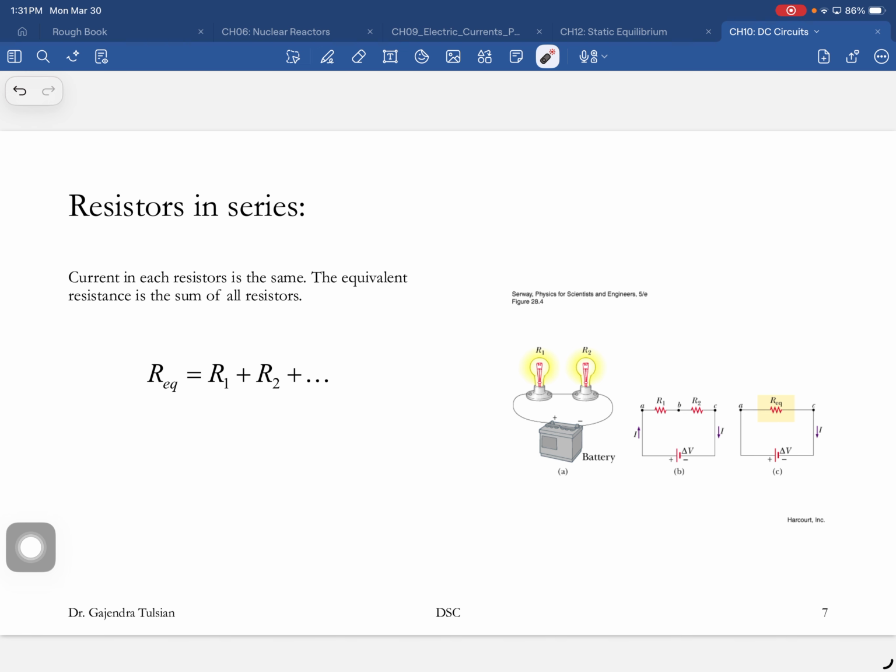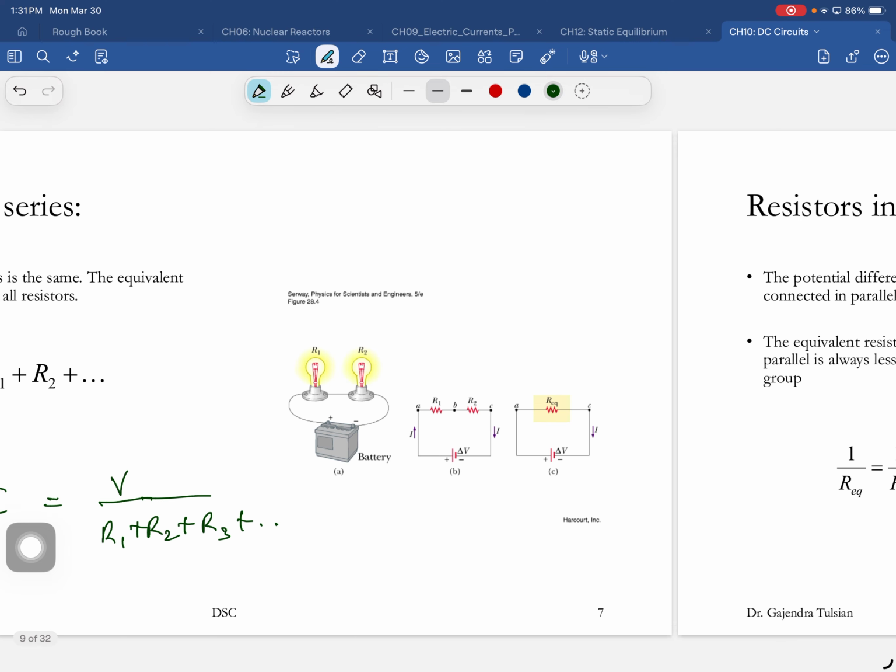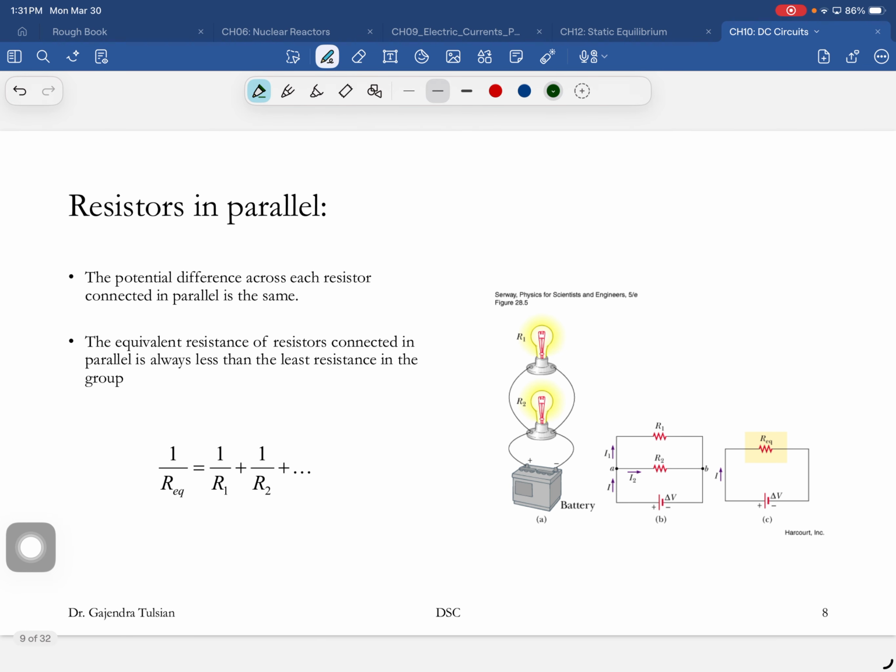Every device in the house is connected in parallel, and every house in the neighborhood is connected in parallel to the power source. That way, whether you're operating or not doesn't affect another person's operation.